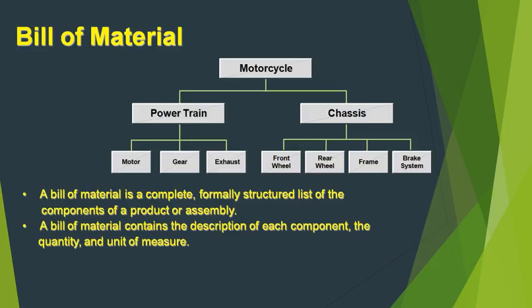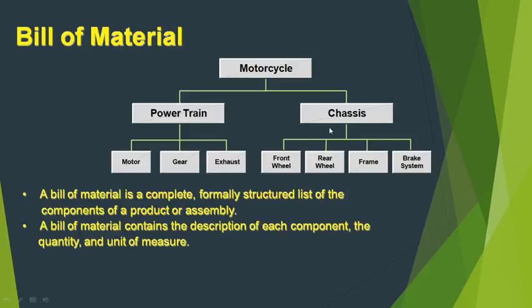Now another master data is the bill of material. The bill of material contains the list of components to produce the finished product. You can see here a motorcycle is the finished product, and to produce this motorcycle we need a powertrain and chassis, which also contain different components.